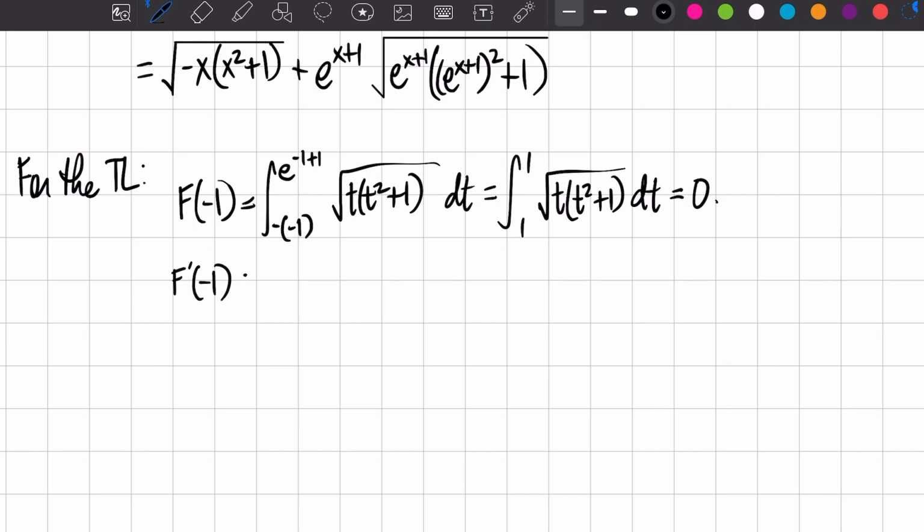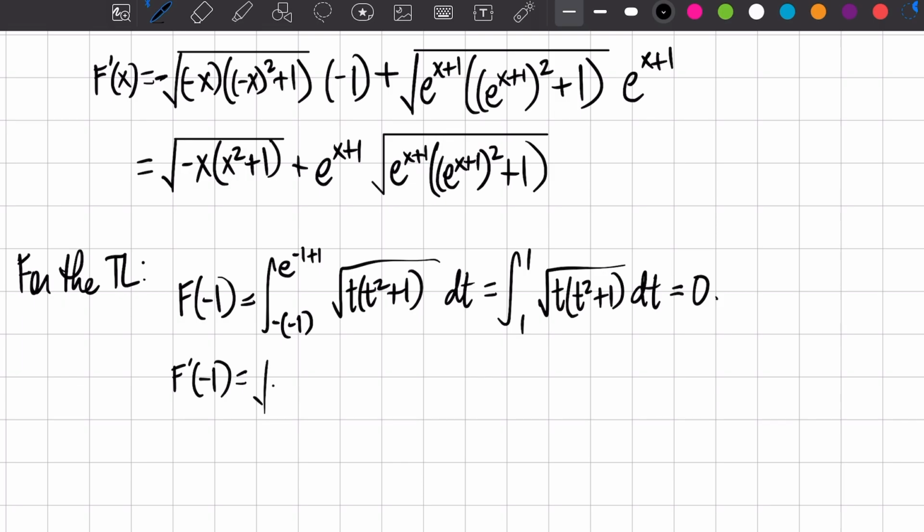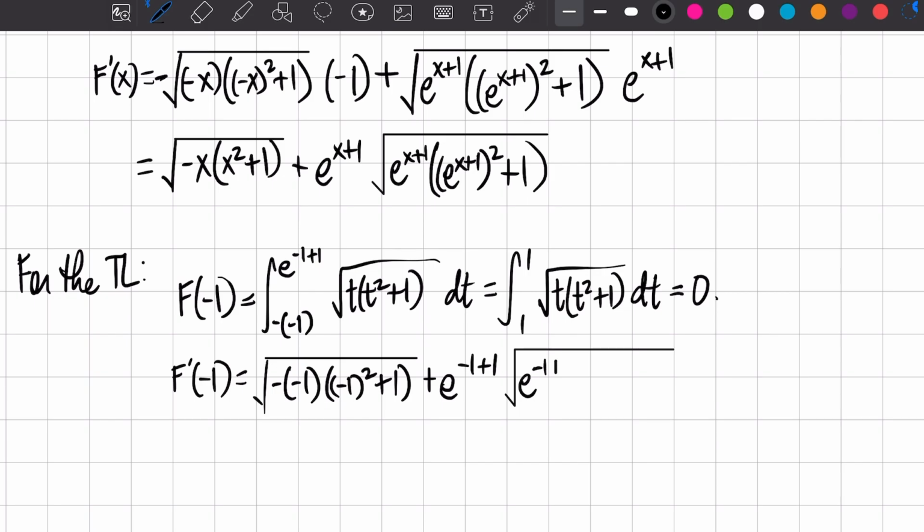So f prime of negative 1, we'll just plug negative 1 right here. We have the square root of negative 1 times negative 1 squared plus 1, plus e raised to negative 1 plus 1 times the square root of e raised to negative 1 plus 1 times e raised to negative 1 plus 1 squared plus 1.